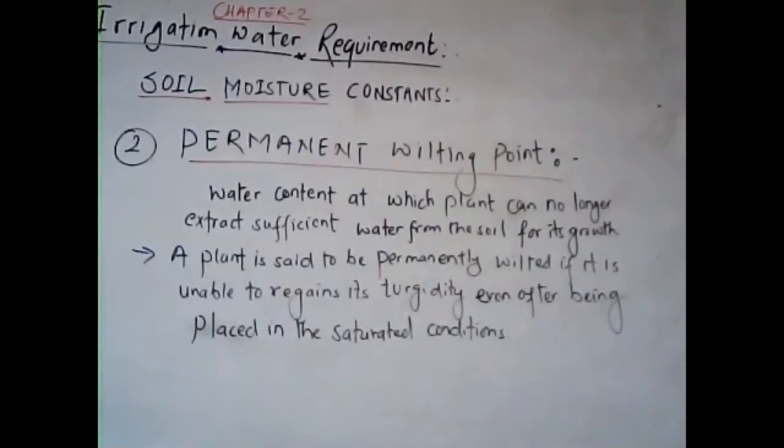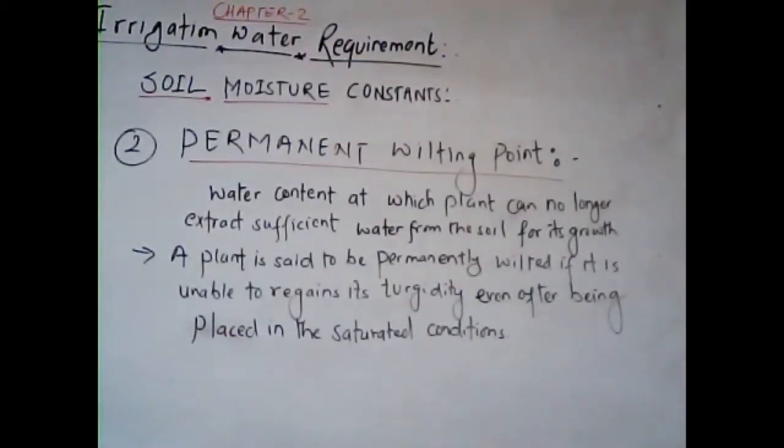Now the second thing in the soil moisture constants we need to know is the permanent wilting point. What is the permanent wilting point? It is the moisture content at which the plant cannot extract enough water from the soil for its growth.